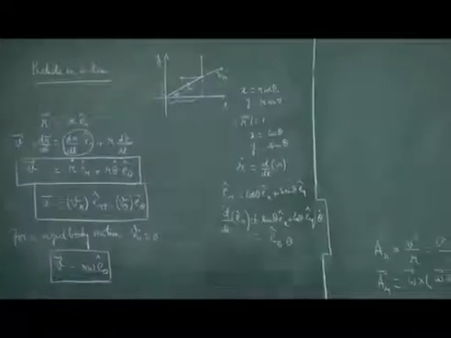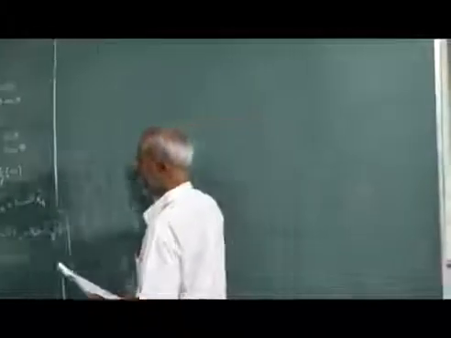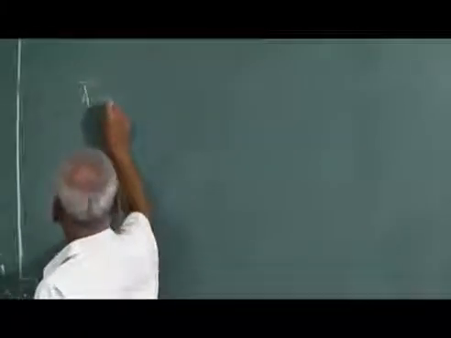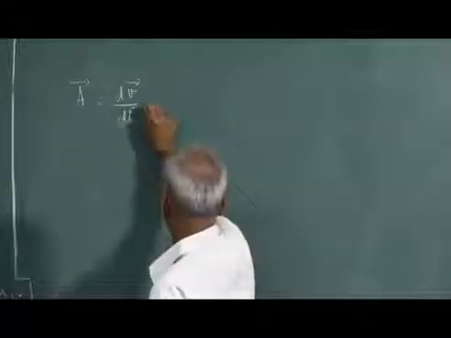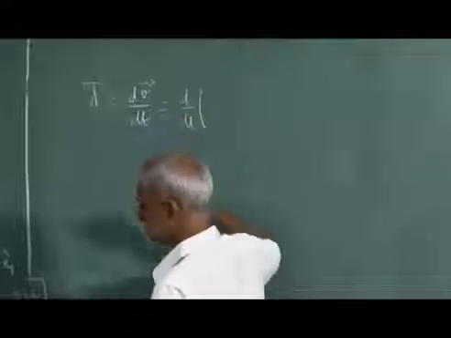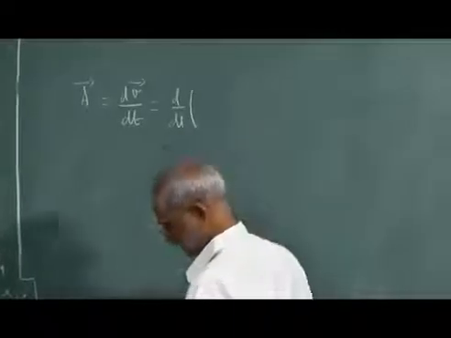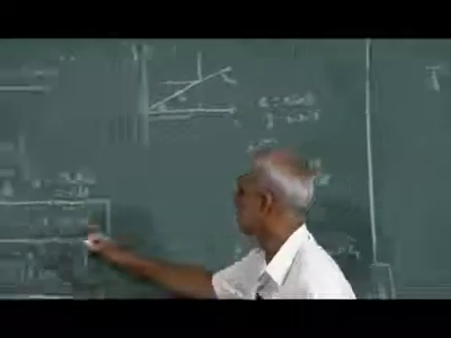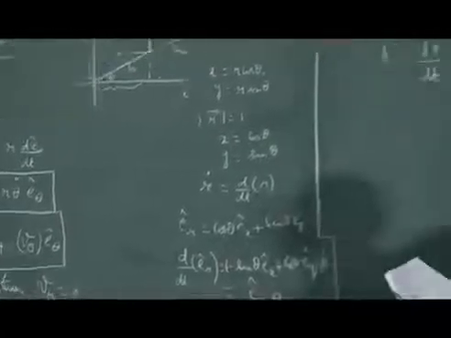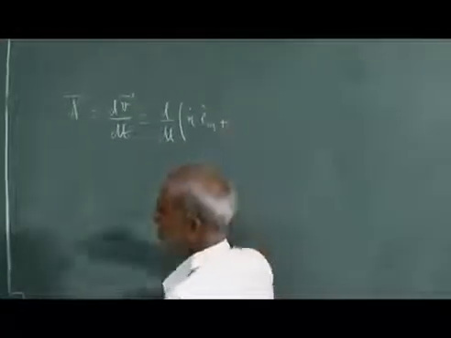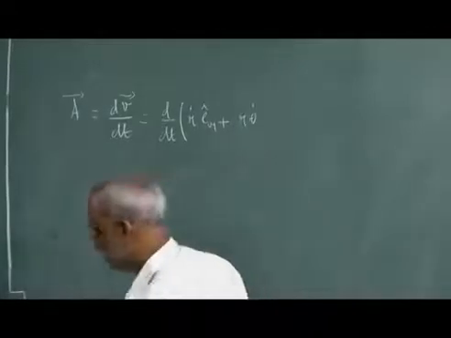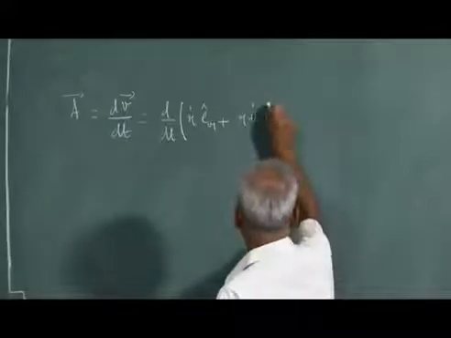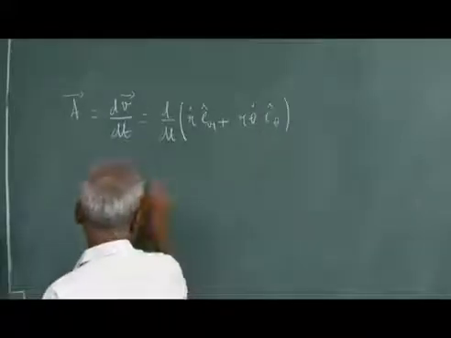Continue. Okay, now I will calculate acceleration. Acceleration is equal to dv by dt. This will be d by dt of r omega, so we will start from here: d by dt of r dot e_r plus r theta dot e_theta.